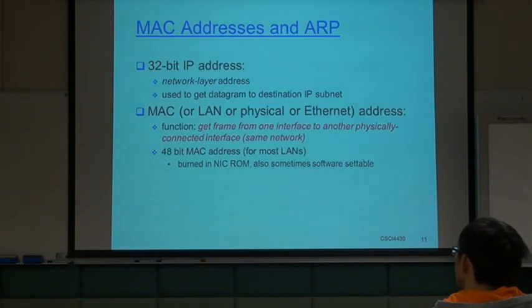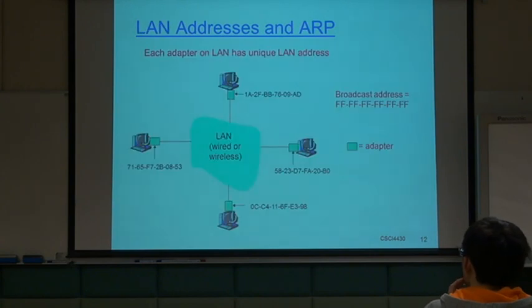It's just because they are two different layers. IP refers to the network layer, and the MAC address refers to the Ethernet layer. So every network card will also have an Ethernet address. This Ethernet address is 48 bits, so it is 6 bytes long.